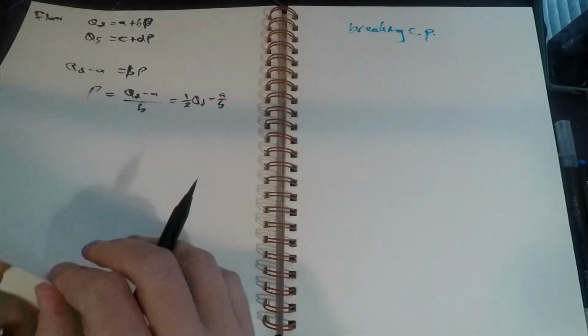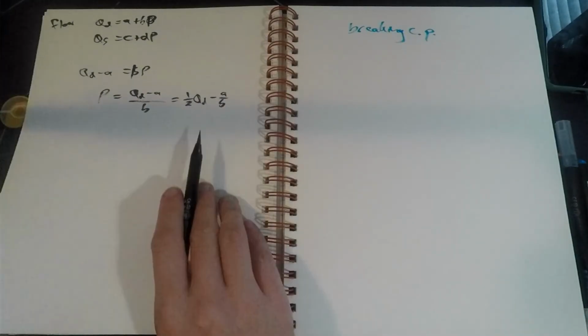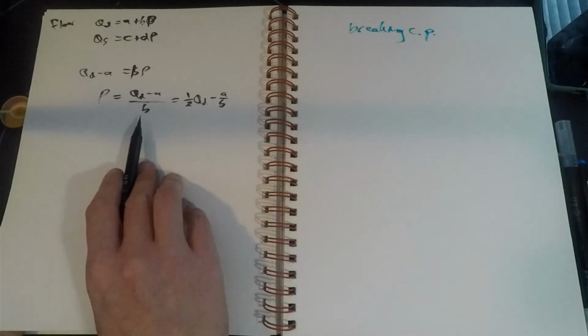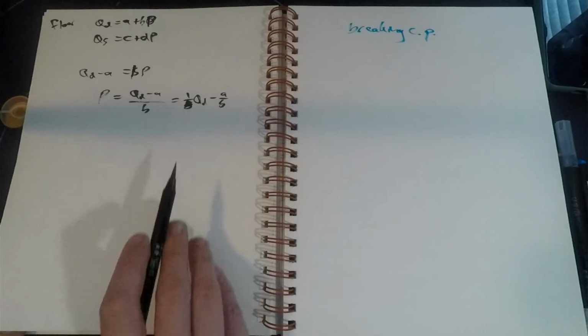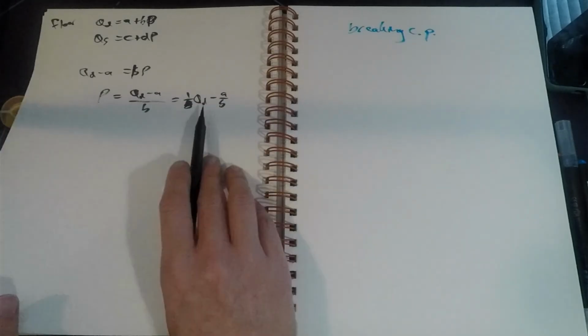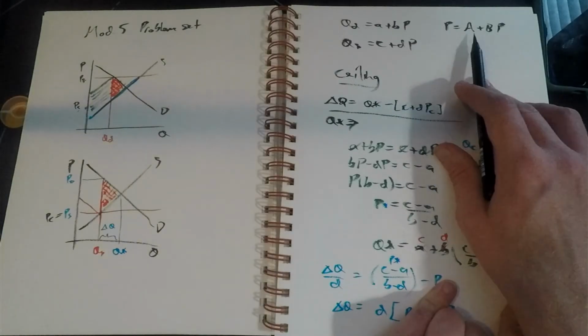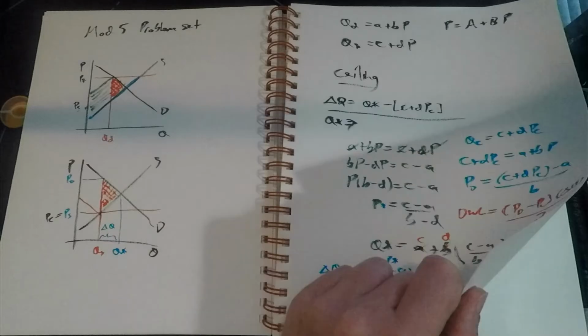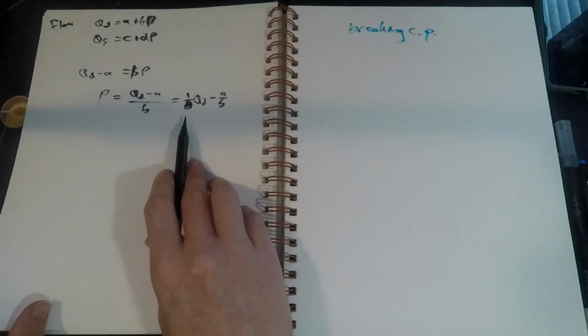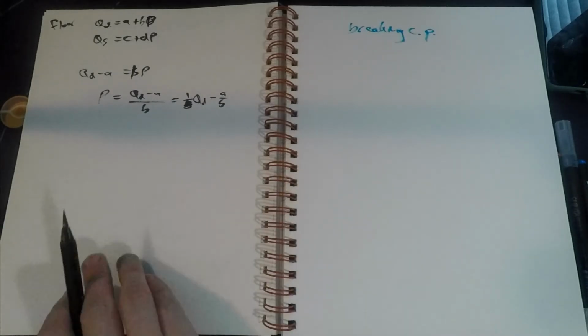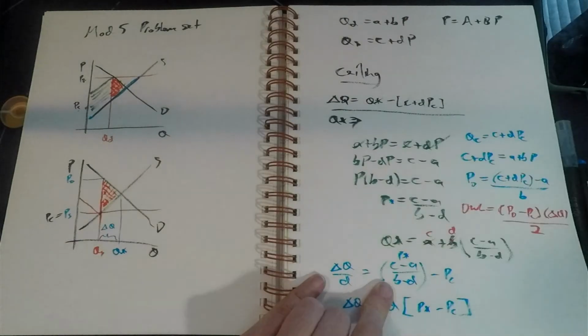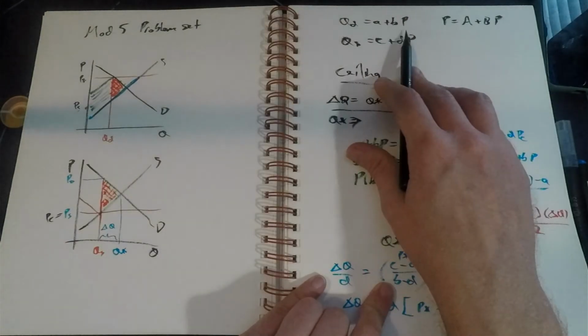Or we could say this is 1 over B times QD minus A over B. Not 1/2, 1 over B. That corresponds with this capital A and this capital B. So capital B is 1 over B, capital A is negative A over B. So you can't just swap them out given a model specified in this form.